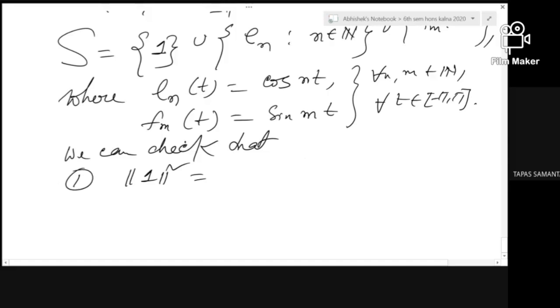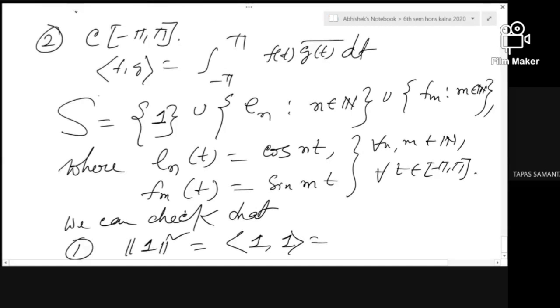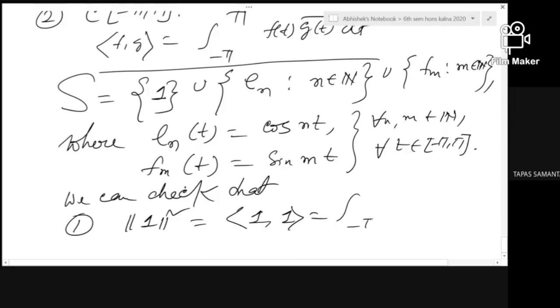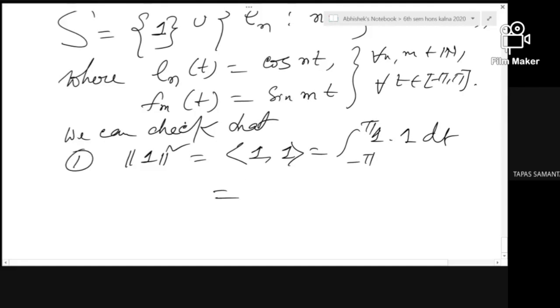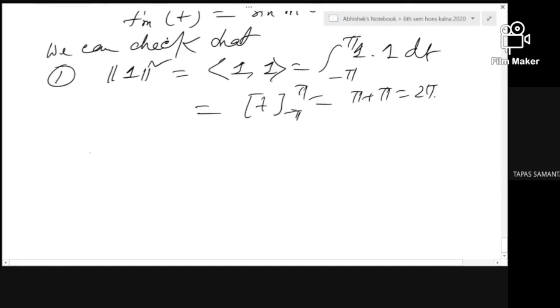What is norm of 1 squared? That is the inner product ⟨1, 1⟩, which is the integral from −π to π of 1 times 1 dt. The integral value is t from −π to π, that is π plus π equals 2π. In the same way, if you calculate the other norms for the functions e_n and f_n, then you will see that norm of e_n squared is π, and norm of f_m squared is π.